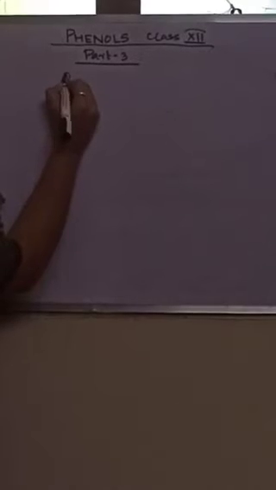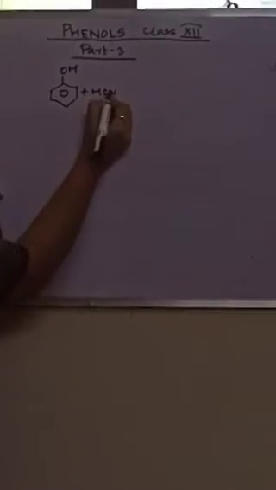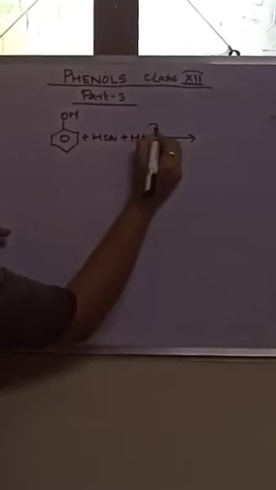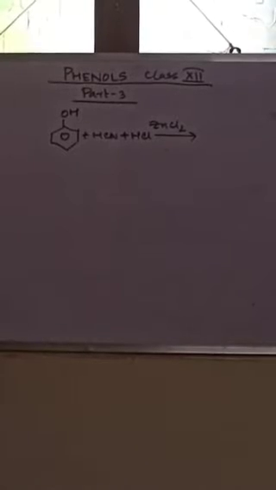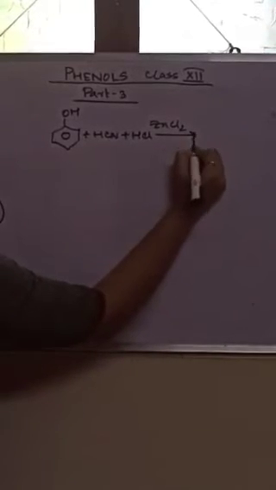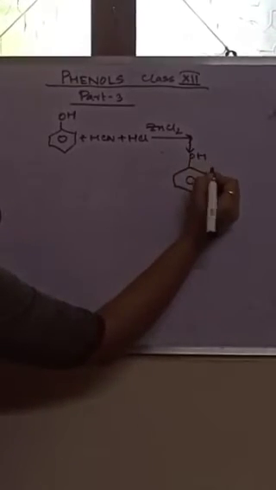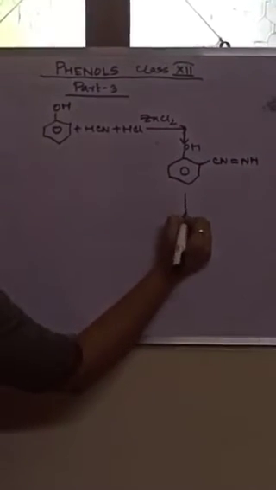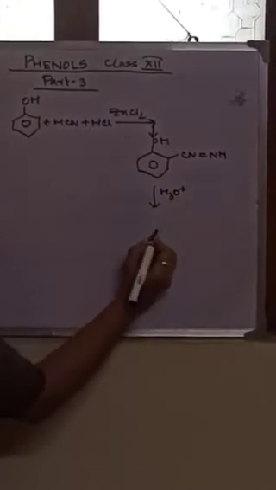When phenol is treated with a mixture of HCl, HCl and ZnCl2, then this will be obtained as a product, which in presence of dilute acid.